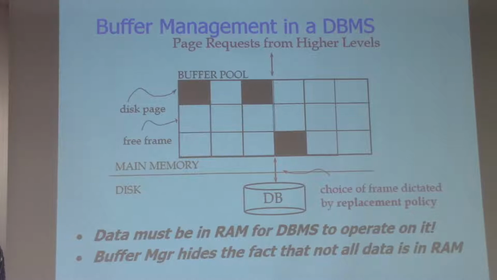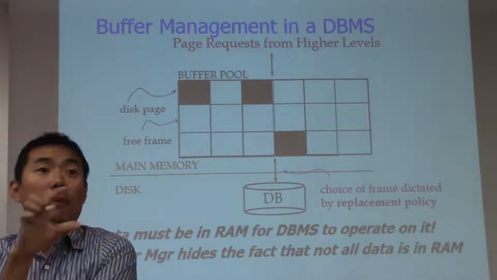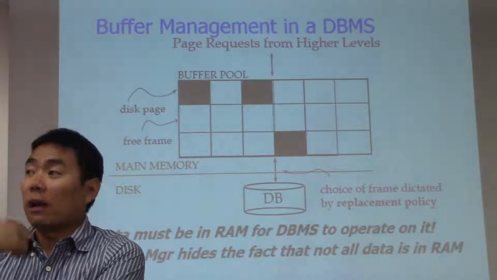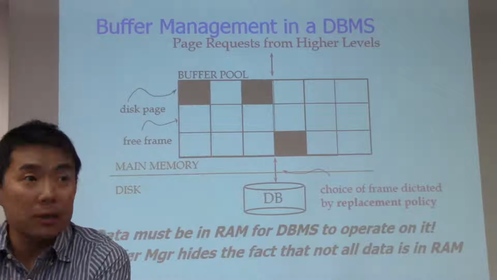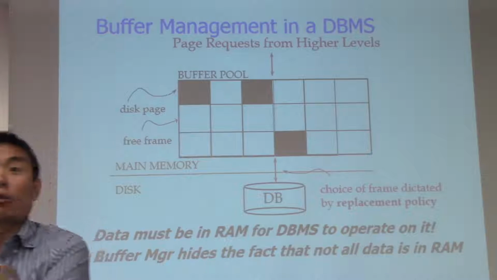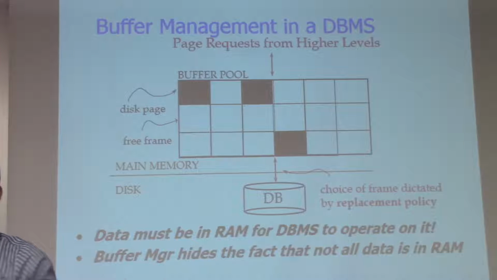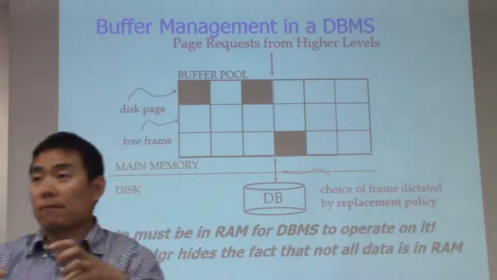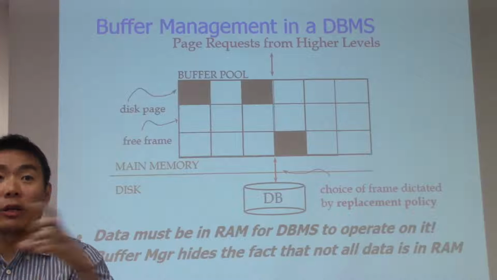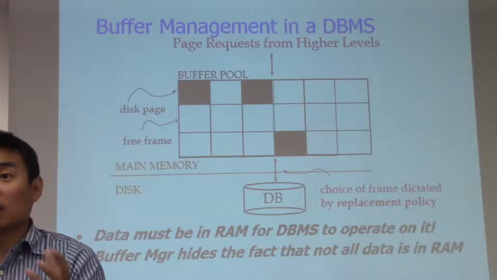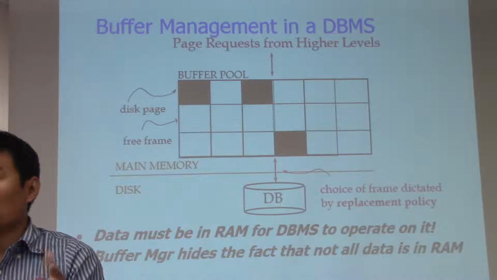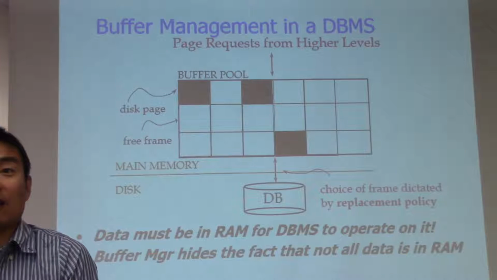A subsequent request for an existing page is okay, because you just return the copy of that page from the buffer. But a subsequent request for a new page that's not already in the buffer will result in a problem, because you go fetch that page from disk, come back, try to find a place to hold it in main memory, in your buffer, and you find out that you don't have space anymore.